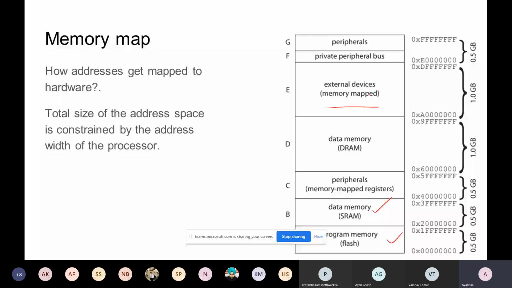As and when required, that external device can take the data from there, or it can put some values in that particular location that our CPU can use during the course of execution. This type of communication with external devices or peripherals, you can see the peripheral bus, is very frequent.